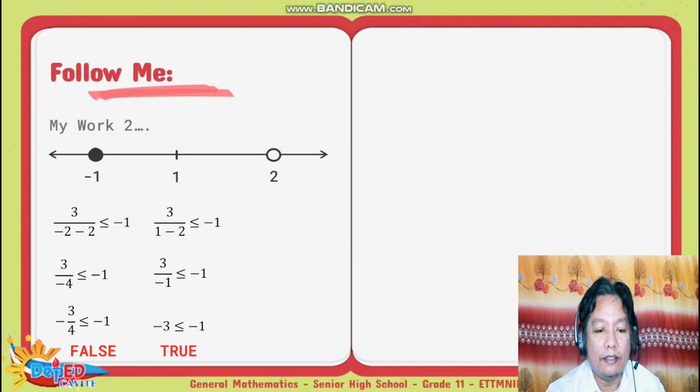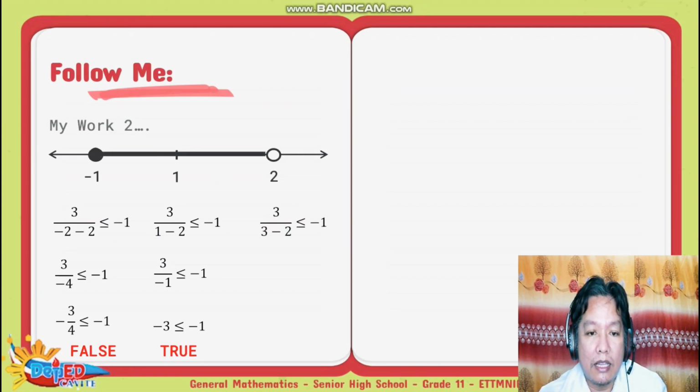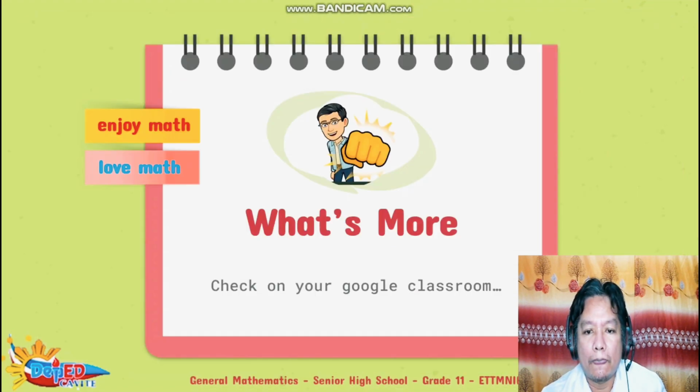So that is true. How about 3? So 3 minus 2 is 1. 3 divided by 1 is 3, less than or equal to -1, and that is false.